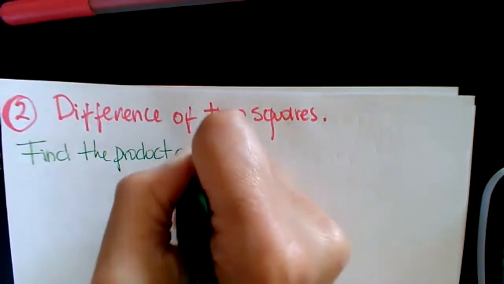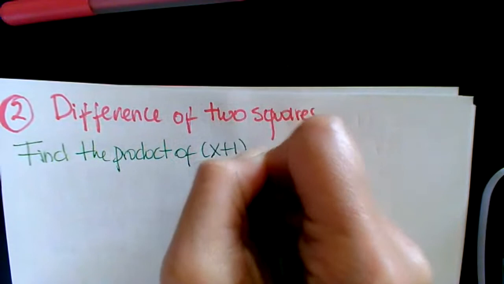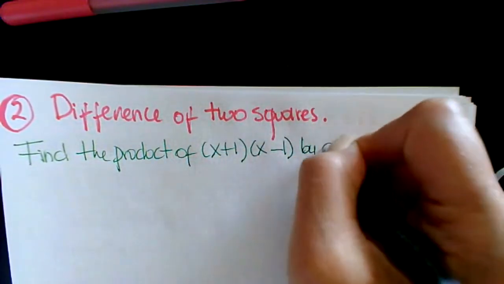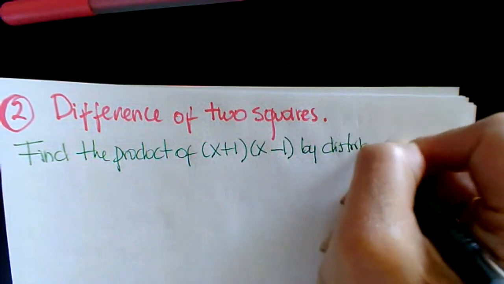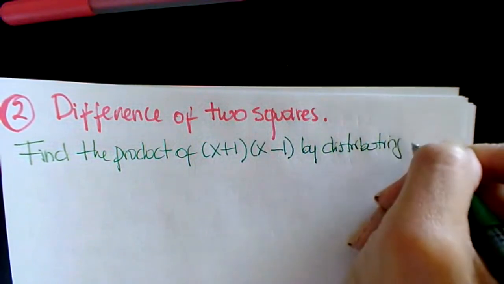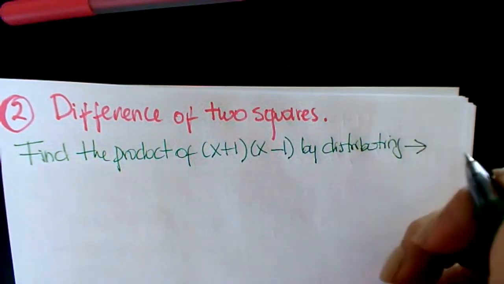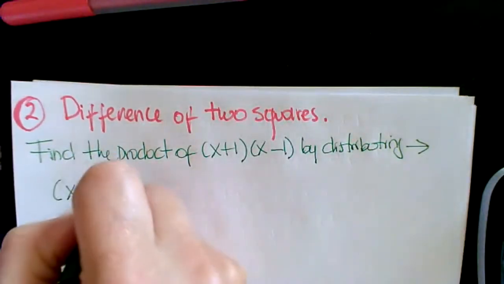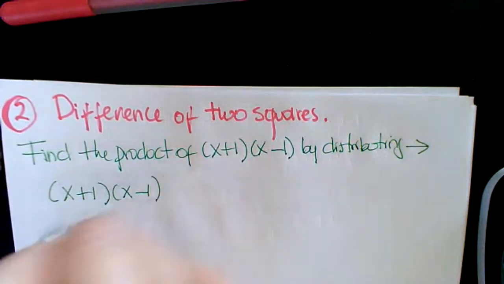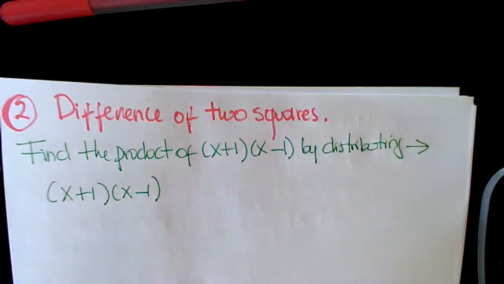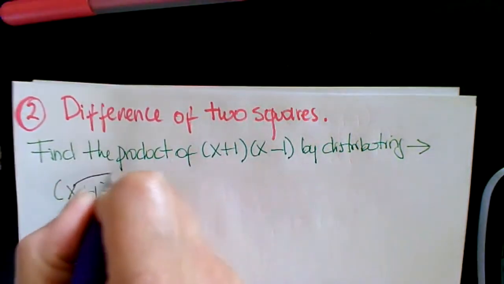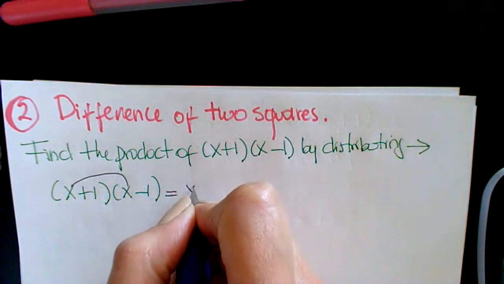the product of x plus 1 and x minus 1 by distributing. Okay, so let's do it. So we have x plus 1 times x minus 1, right? So we're going to distribute this. So we do x times x is x squared.